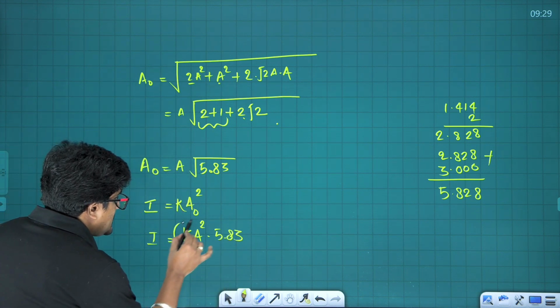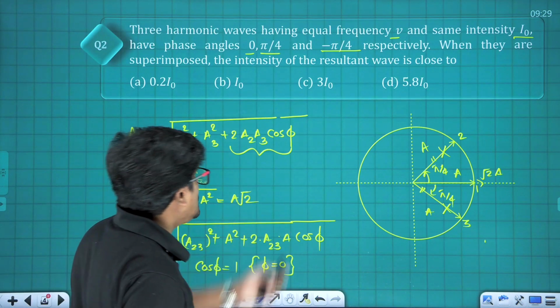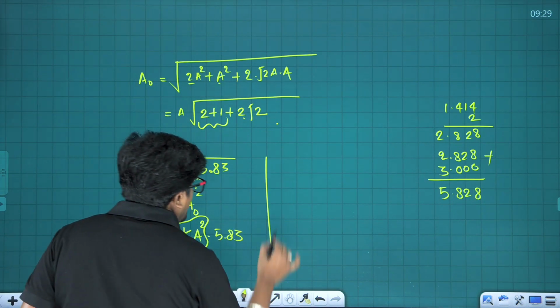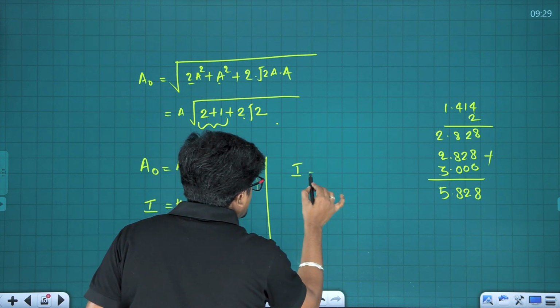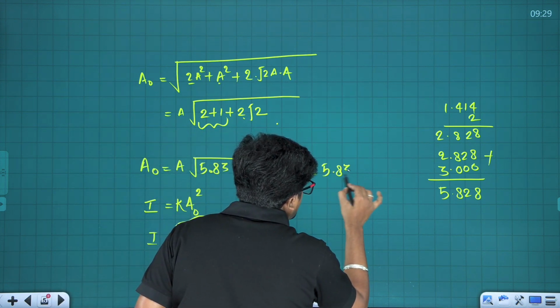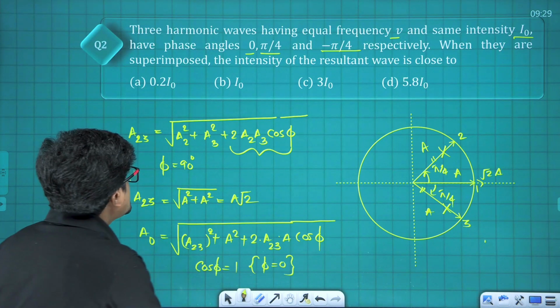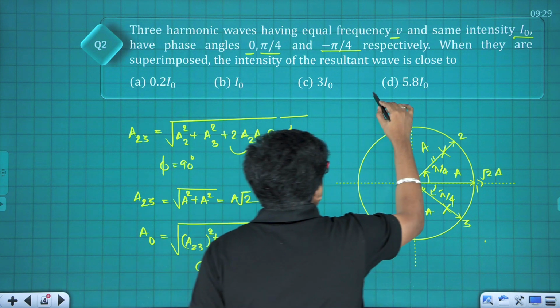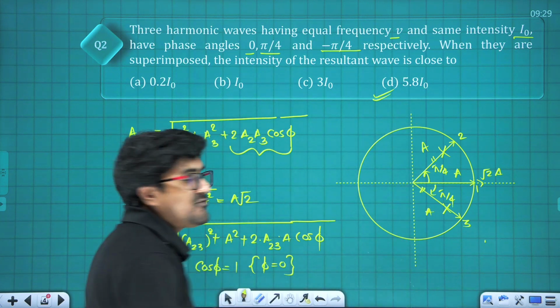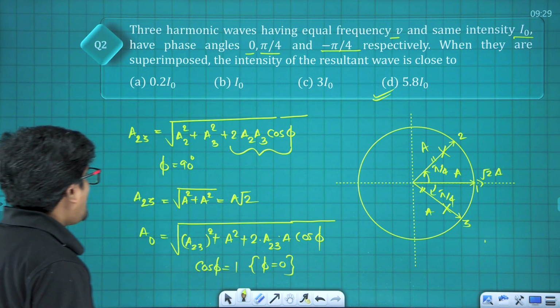Here this is the intensity of one wave, and it is marked as I naught. So I can say the resultant intensity is I equals 5.83 times I naught, which means option D must be the correct answer. All right, now let's move to the next.